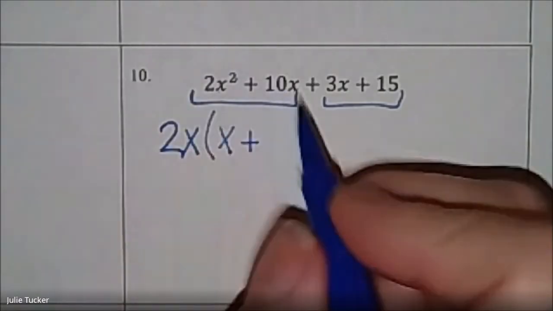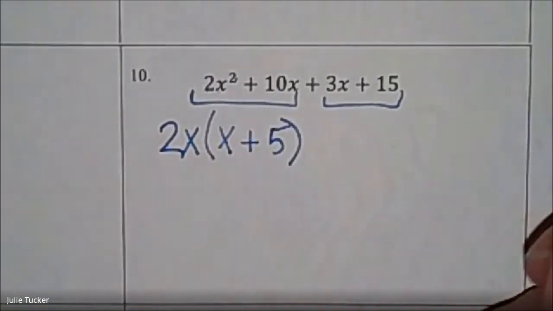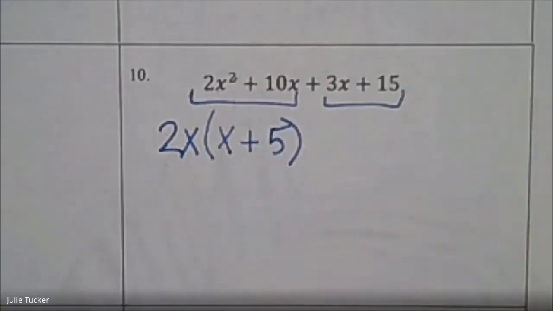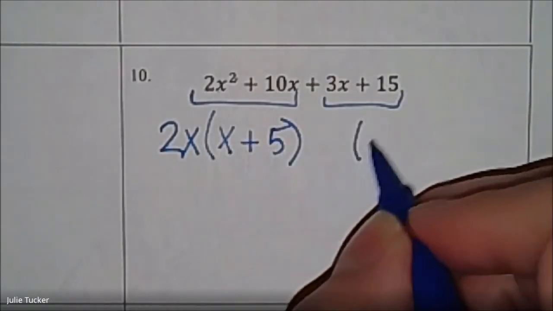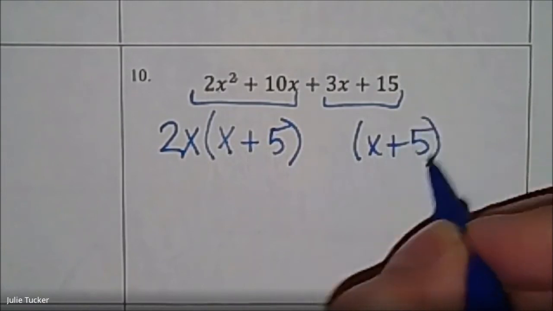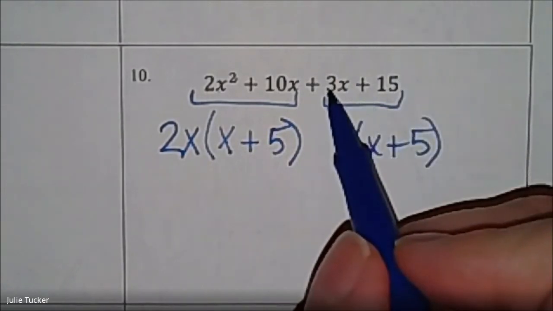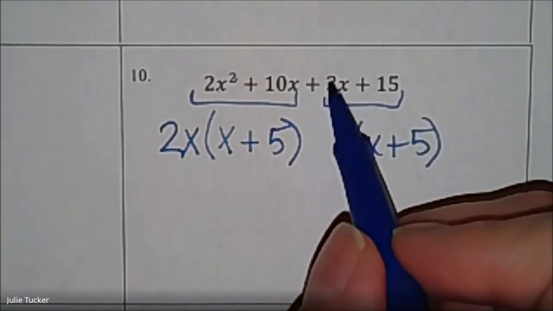Right, so this needs to be 5. See, you're making a problem that has that answer up there. Okay, so now we're going to put the x plus 5 again. And what number goes in front of the x is the... Okay.